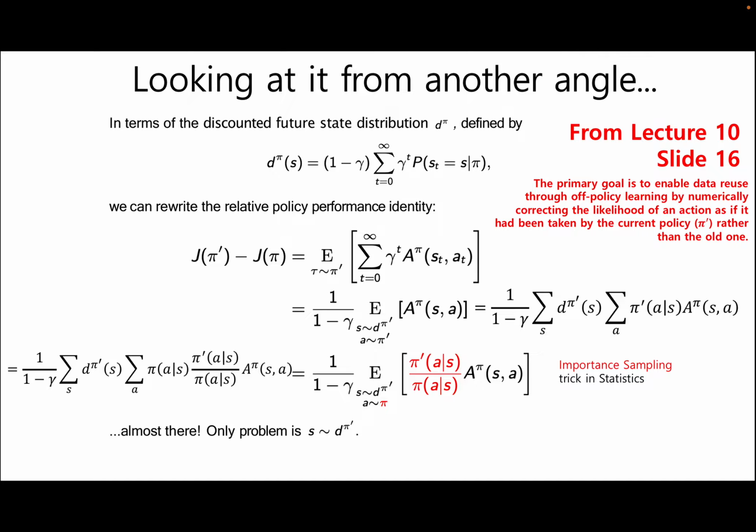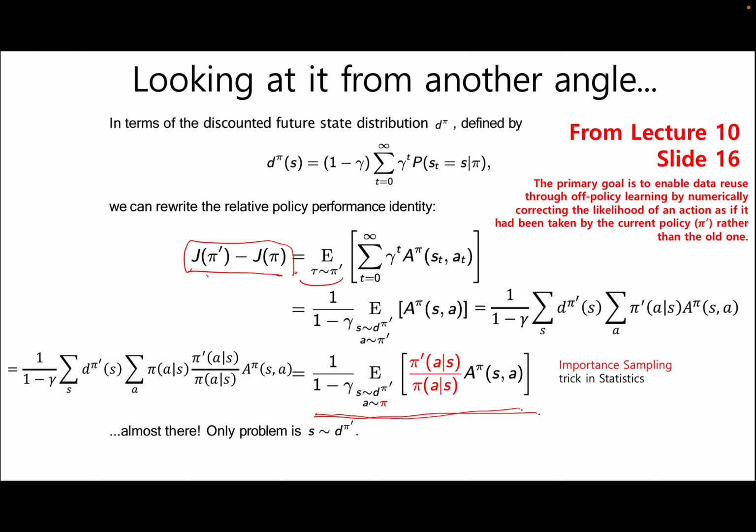Mathematically, we derived this, and it turns out that we can. This is the difference of values from two different policy functions, right? We can define the distance between two different policy functions, as the distance of values from each policy function, and then it turns out that we can rewrite this value difference with this one.